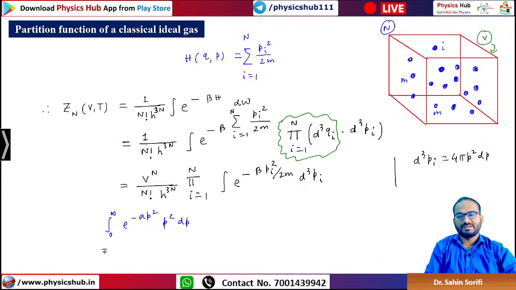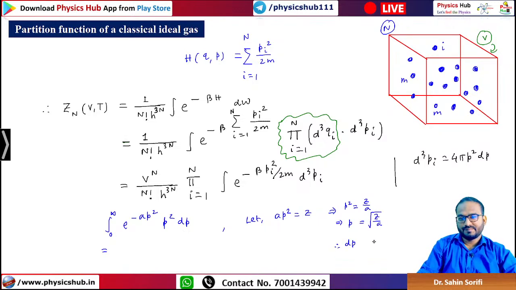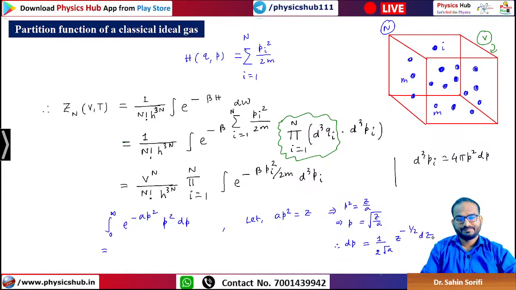This is equal to how much? Let a p square equal z. So p square is equal to z upon a. That means p is equal to square root of z upon a. So what is dp? dp is equal to 1 upon 2 root a, z to the power minus half, dz.